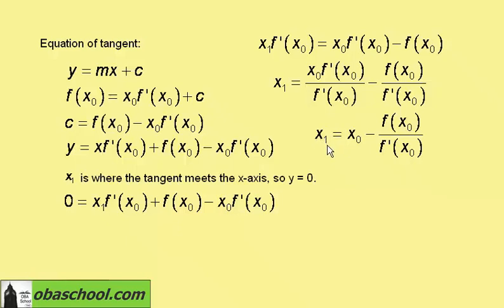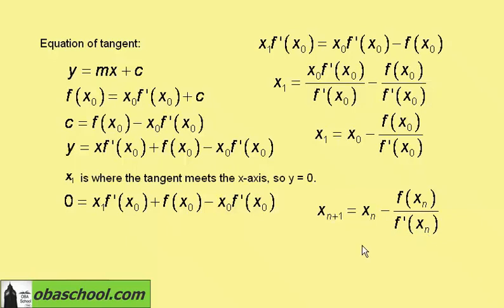Clearly we could repeat this argument to find x2, x3, and so on, and in general xn plus 1 would be equal to xn take away f of xn over f dashed of xn.